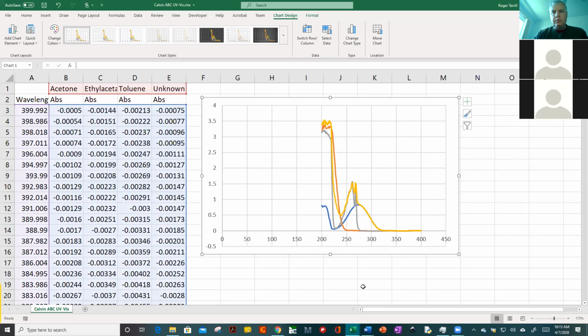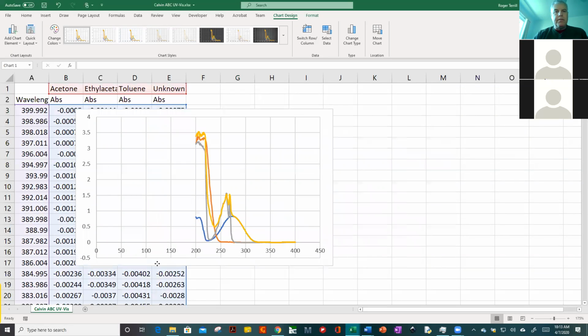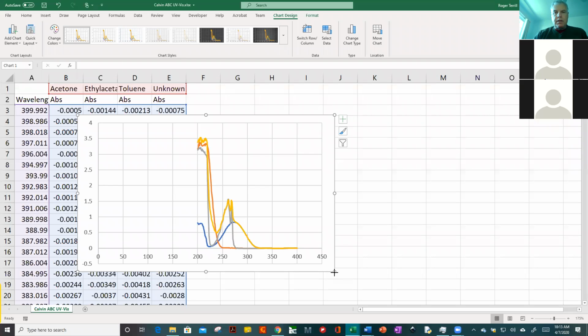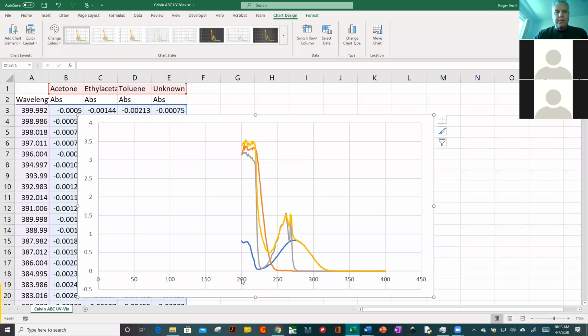So I think we should add a fourth method to this process.